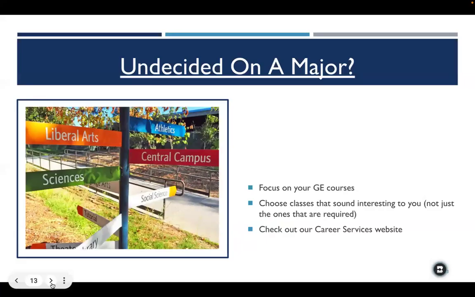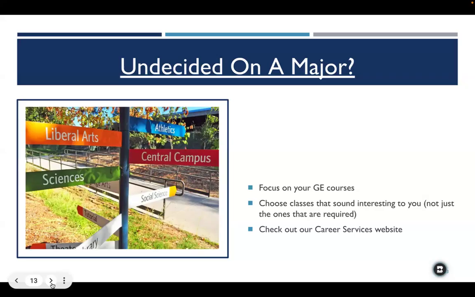If you're in this class because you're trying to find a major, that's great. And if you're in this class and you've had a major but you're having some doubts, that's certainly fine too. If you're in one of these camps, what I would suggest is that when you're taking classes, focus on general ed courses, choosing classes that sound interesting to you.